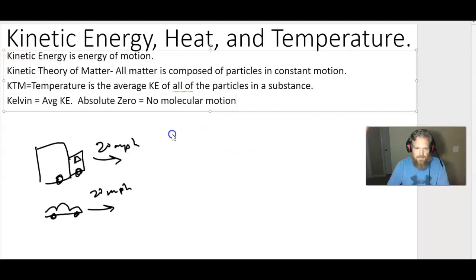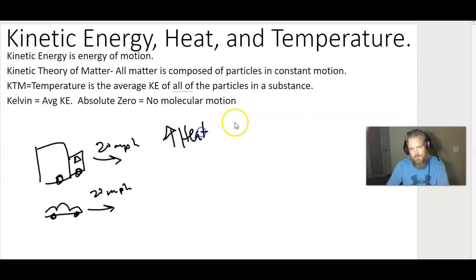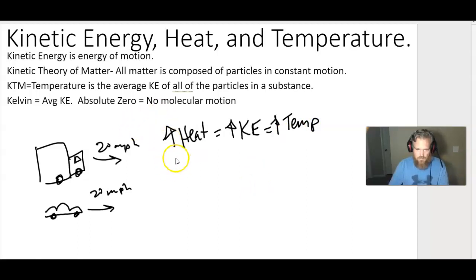So let's look at it. If I were to increase the heat input, that is going to lead to higher motion, which means more friction, so that's more kinetic energy, which leads to higher temperatures, right? So it's basically a directly proportionate relationship, right?